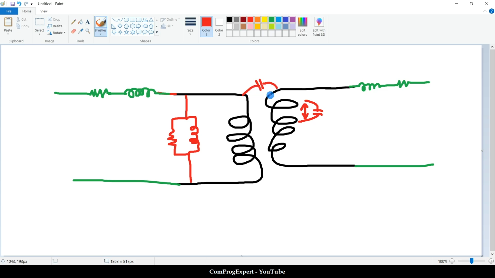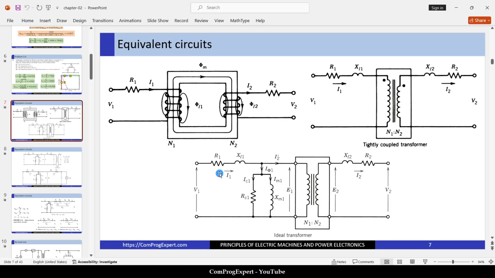So these parasitic capacitors, right, are important in high frequency applications, with more complex models that we have for transformers used for those applications in power electronic applications. Okay, so in this low frequency case we neglect these elements and just consider this equivalent circuit.